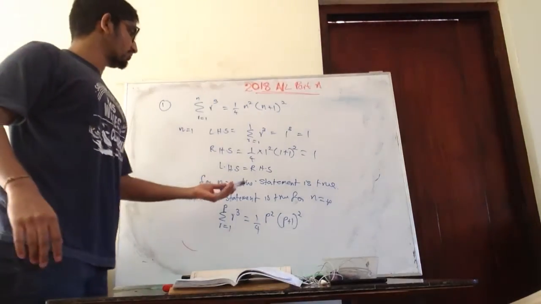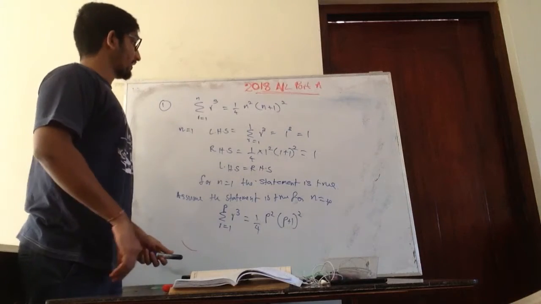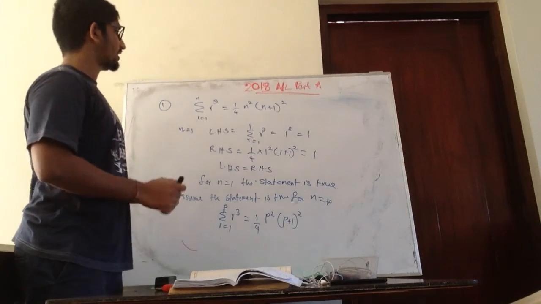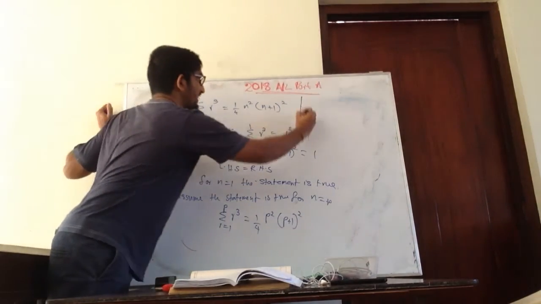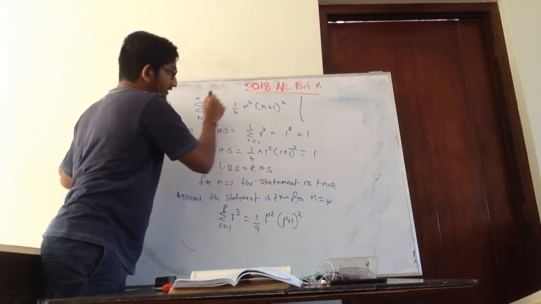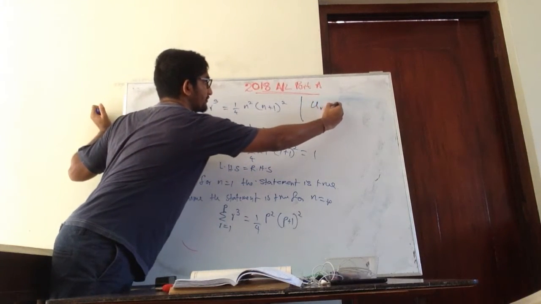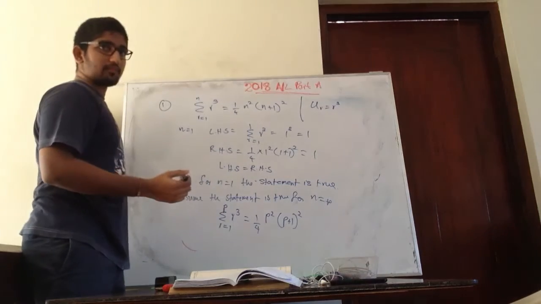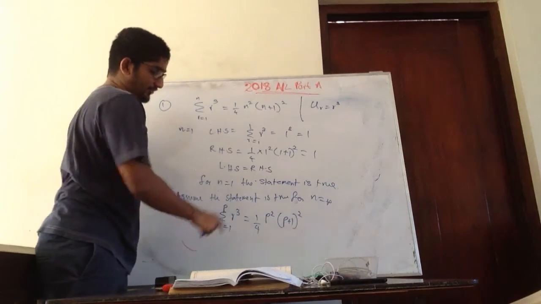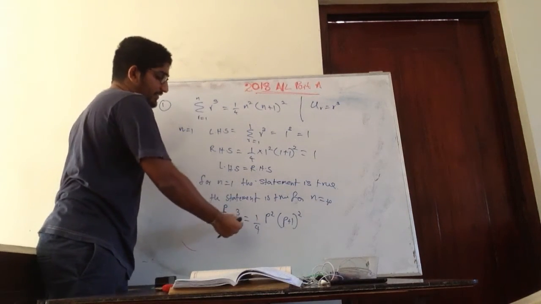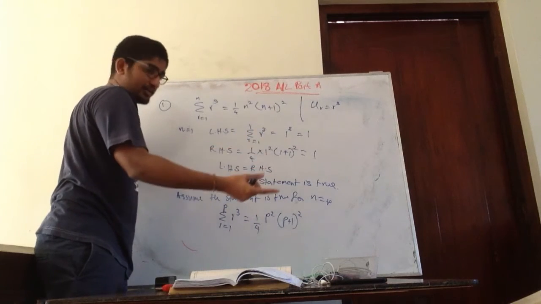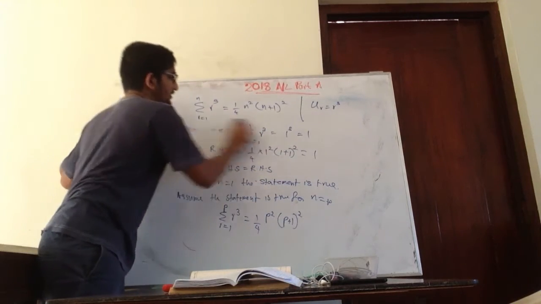Right, so we assume this is true for p. In this sum, we can see that this r cubed is the r-th term. Now what we do is add the (p plus 1)th term to both sides.